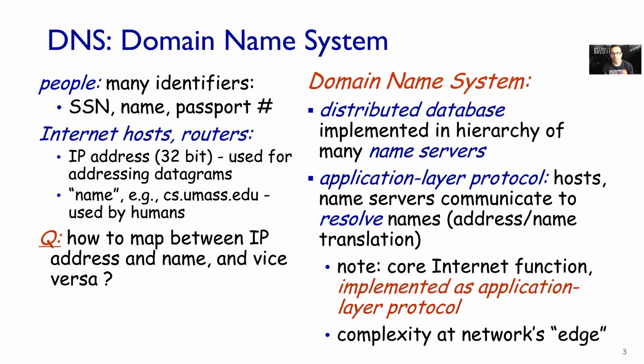So DNS comprises two things. It comprises the actual databases that implement the way in which these mappings are stored. These servers are called name servers because they give you mappings for host names. And there's of course a way to send queries and receive responses, right?